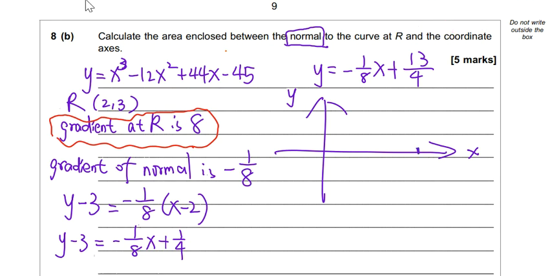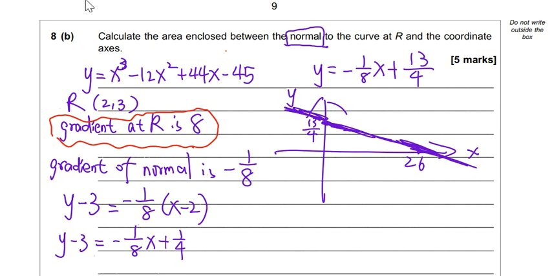So x is 26. And if you want to know the y coordinate, you let x be 0 and y is, this is very easy, 13 divided by 4, right? So now we know that the normal line should look like this, yes?